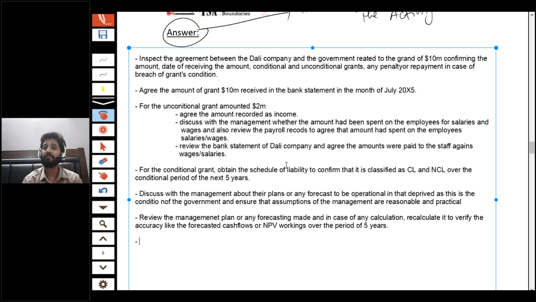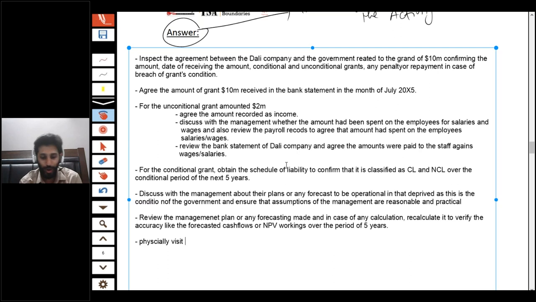So you should physically visit that different area. I can write it that way, and remember that when you are writing the procedure, you should use the present tense, that is, do this. Present tense. So I'm writing it: physically visit.